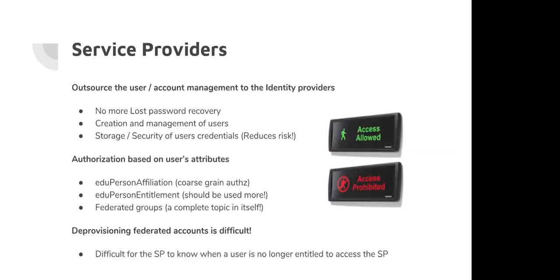And there's federated groups. There is a possibility to create federated groups across institutions. But this is a complete topic in itself. We're starting to see more and more federated group type services appear.